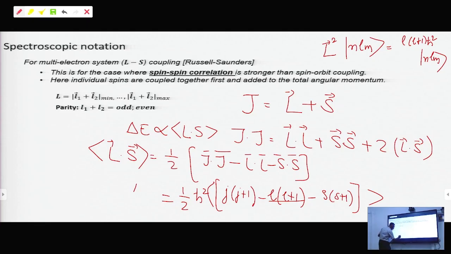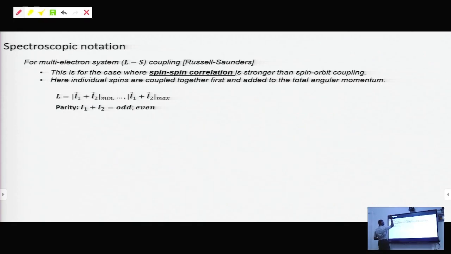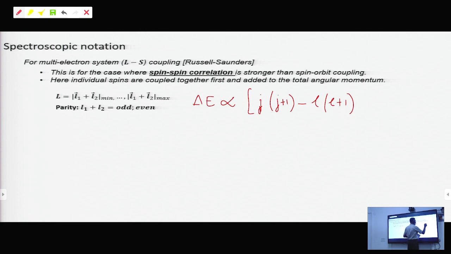So this is your delta E. Fine. So your delta E is proportional to J into J plus 1 minus L into L plus 1 minus S into S plus 1.